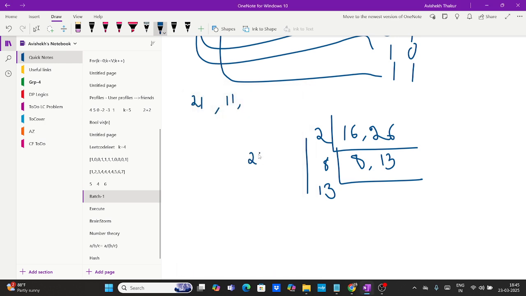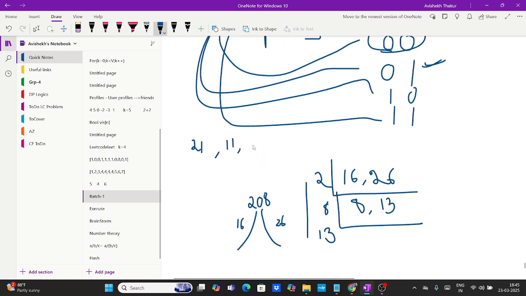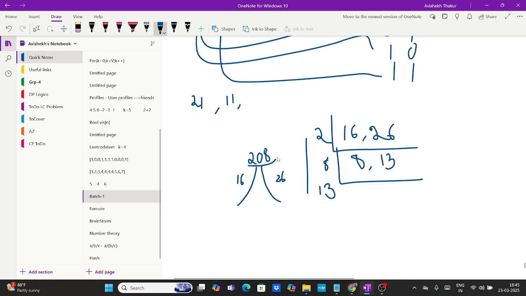So there is this number 208, which is the first number divisible by both 16 and 26, right? So 5 should be incremented 203 times.